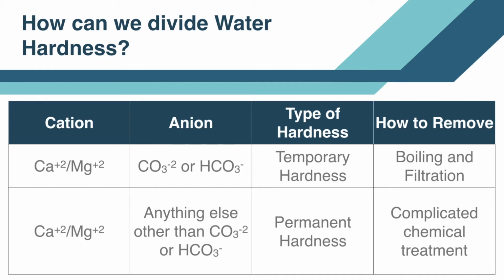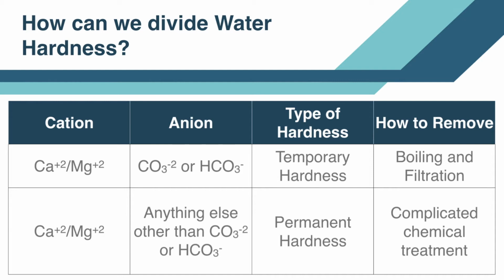That anion can be chloride, sulfate, nitrate, bromide, iodide, anything. As long as it is a calcium or magnesium salt other than carbonate and bicarbonate, it will cause permanent hardness in your water sample.